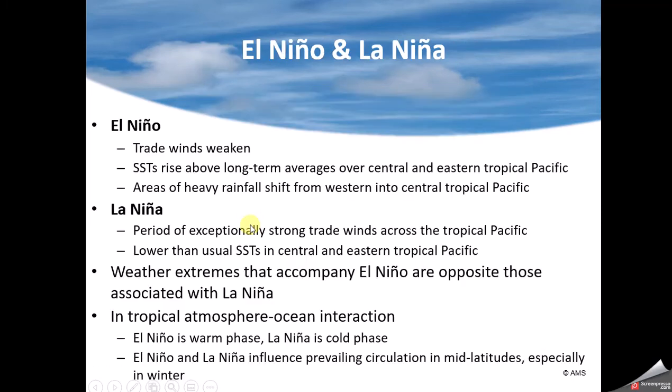El Nino, it's literally an ocean and atmospheric circulation. Right now we're in La Nina, which means the Pacific Ocean is actually colder than normal in a certain area of the Pacific. La Nina tends to cause exceptionally strong trade winds atop the tropical Pacific, where El Nino causes the trade winds to weaken there.